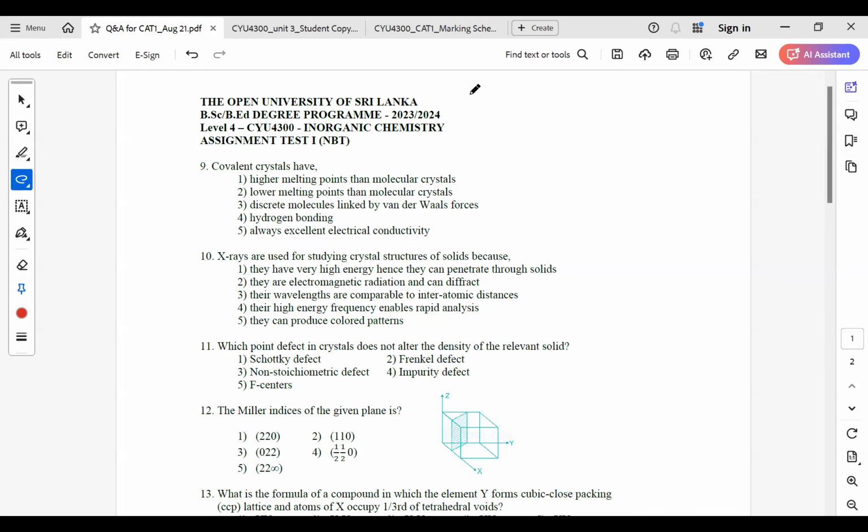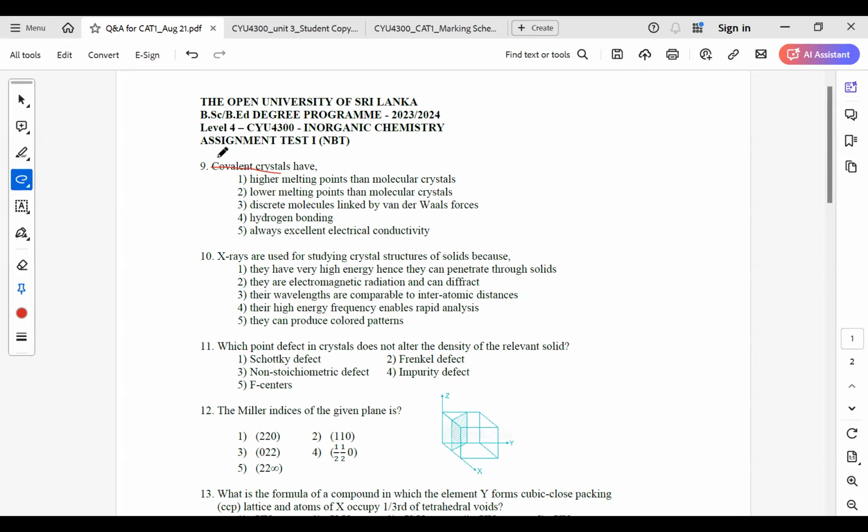Okay? Right. So what do you know about covalent crystals compared to molecular solids? Now, if you want to expedite this session, you need to answer. So, what is the difference?